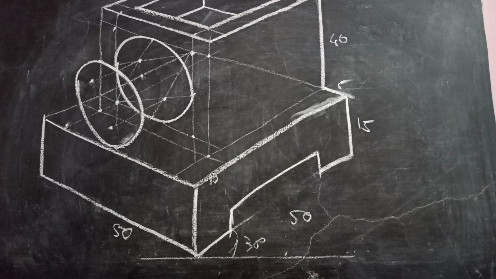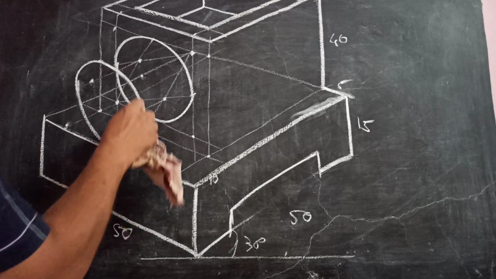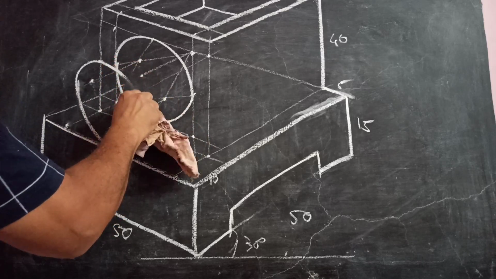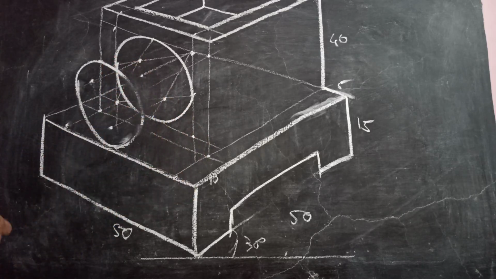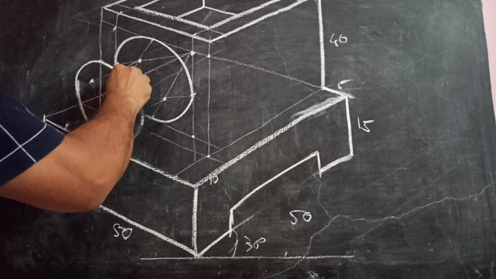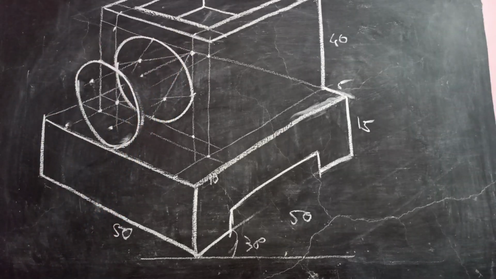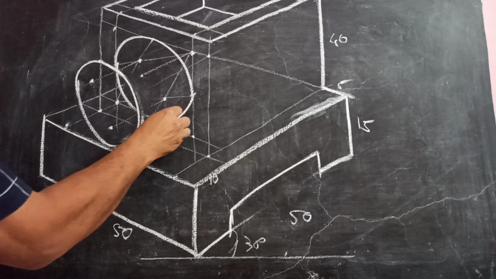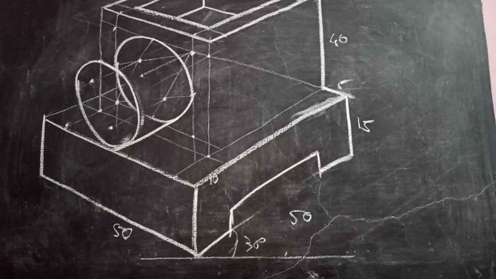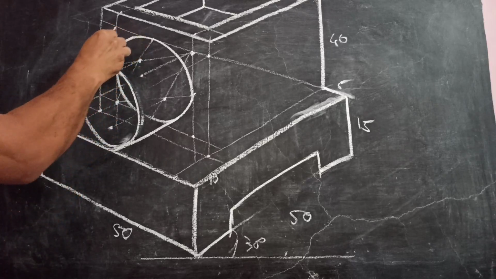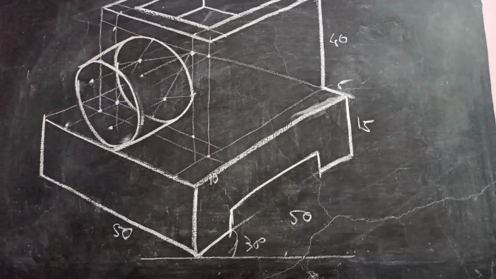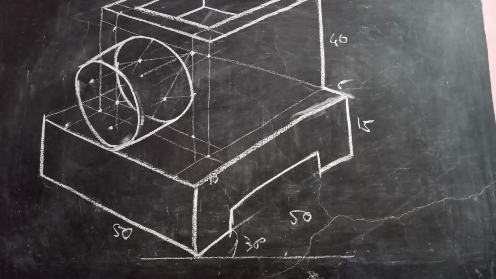And you can join these two circles. You can join these two circles tangentially, touching to this. And you can make it dark.